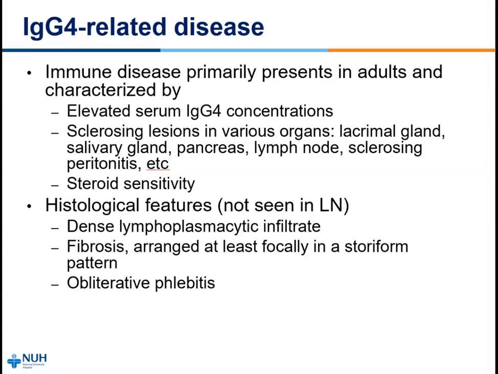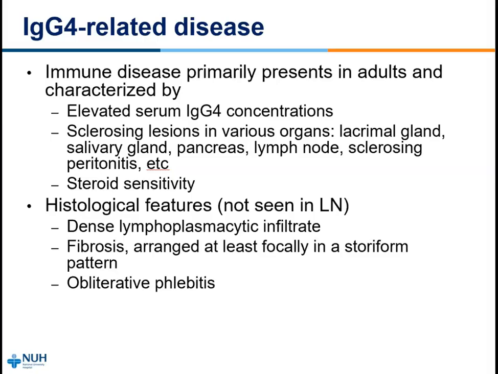IgG4 related disease is an autoimmune disease presenting in adults and is characterized by elevated serum IgG4, sclerosing lesions in various organs including the lacrimal gland, salivary gland, pancreas, thyroid, lymph node, and serous membranes as sclerosing pleuritis, pericarditis, and retroperitoneal fibrosis.